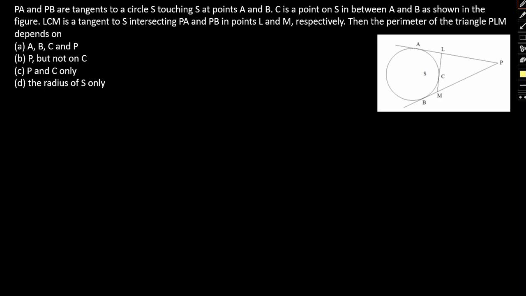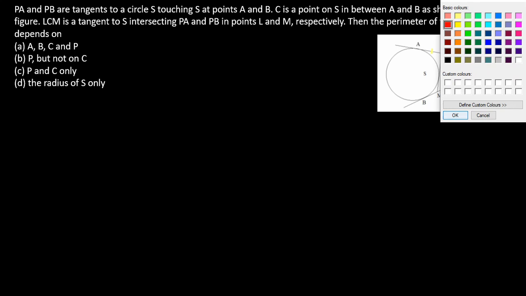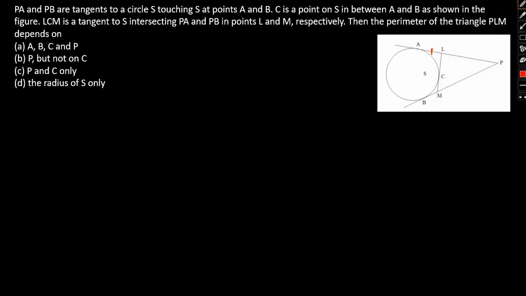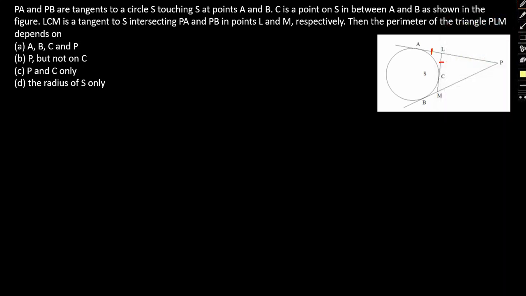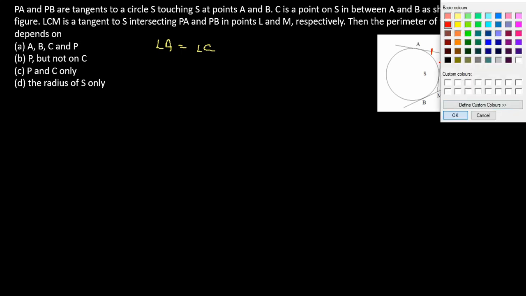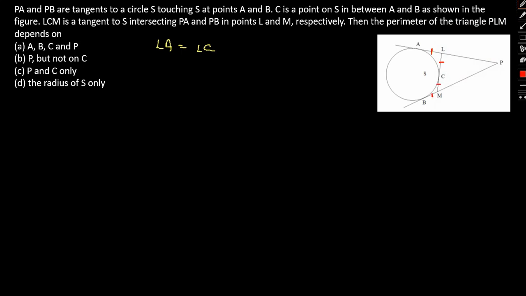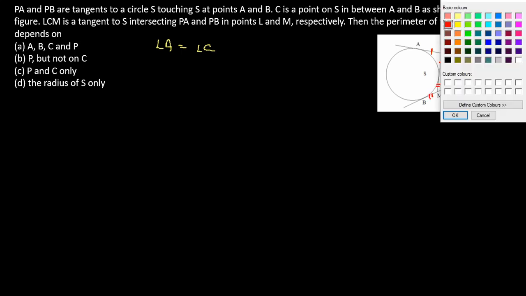Here we know that from a common point, if any tangents are drawn to a circle, they are always equal in length. So that's the tangent property we know. Therefore LA will be equal to LC, and similarly again we can write MB is equal to MC.